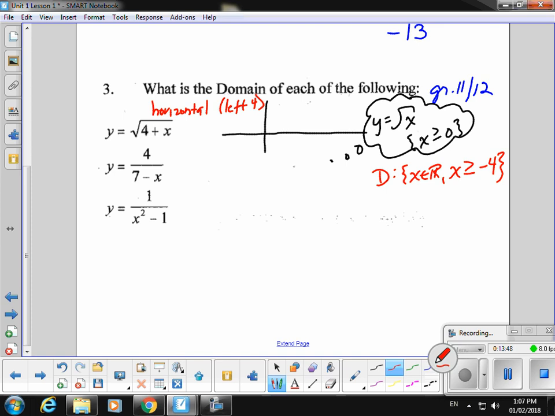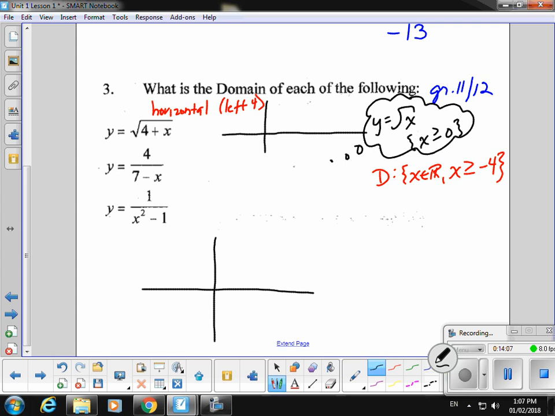Okay. The second one, I have 4 over 7 subtract x. I'm just pausing here because I'm trying to figure out where to draw it. Okay. The reciprocal function, and I have a problem when x is 7.